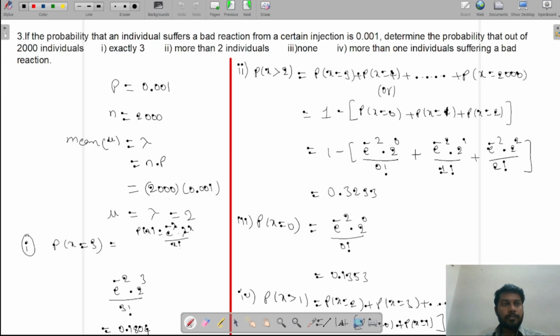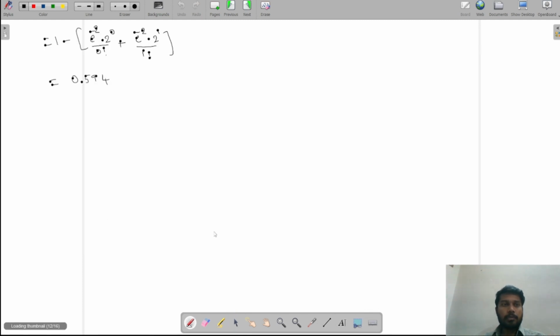Third question, exactly 3 means x equal to 3. Second one, more than 2 individuals, so x greater than 2. None, x equal to 0. More than 1 individual, x greater than 1. So next, one more question we'll see.